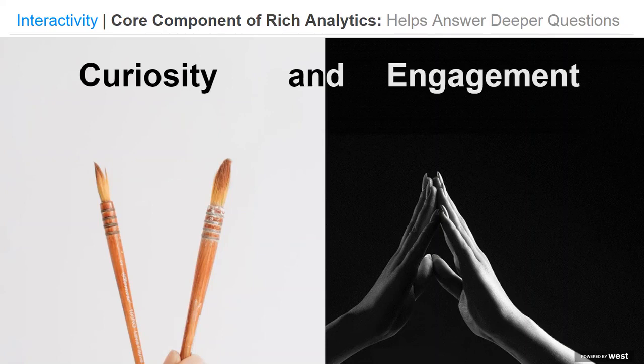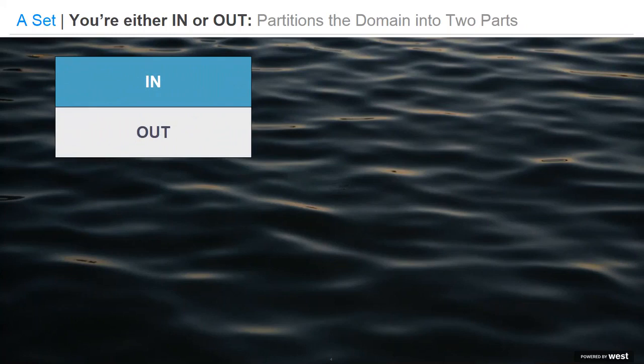So we're going to talk about set actions today, and there's really two parts to set actions. There's the set part, and then there's the action part. So before we get into some use cases, I'm going to break down and just describe a little bit about each. If you're not familiar with sets, they've been around for a long time, and they simply partition up the domain of a given dimension into two pieces.